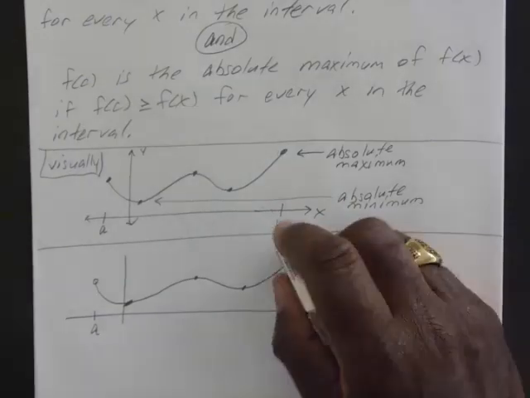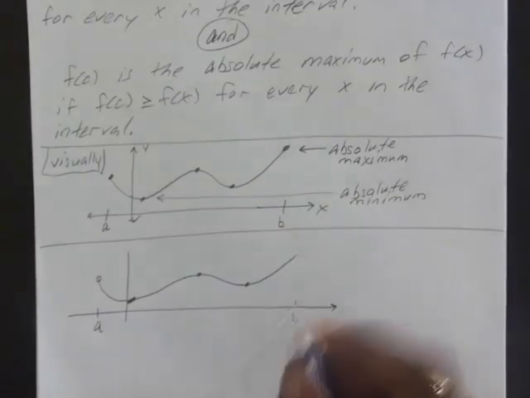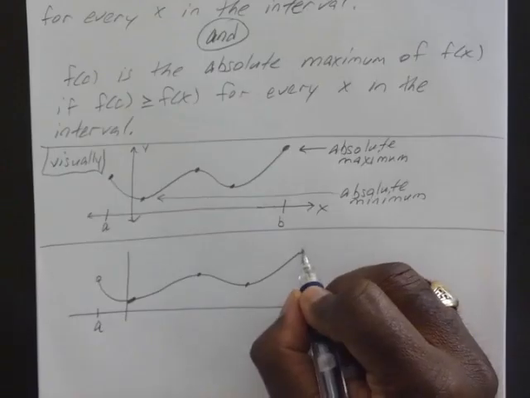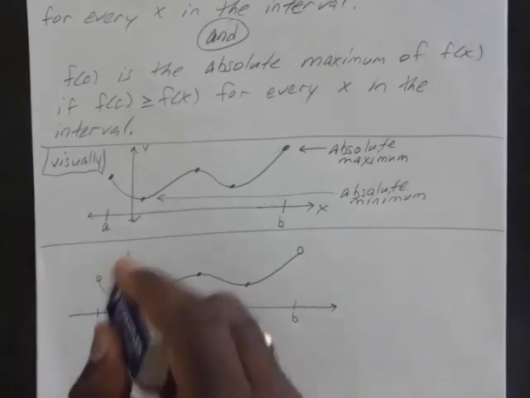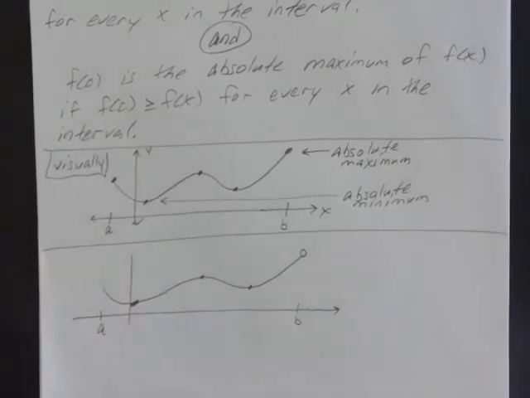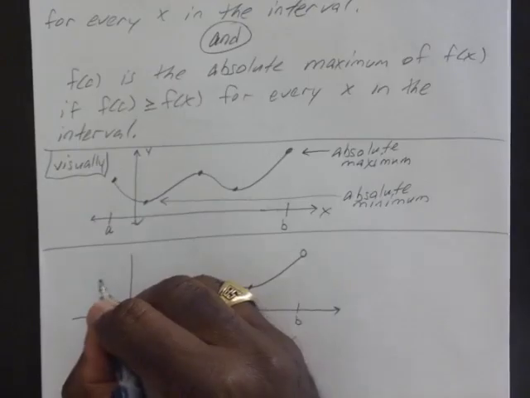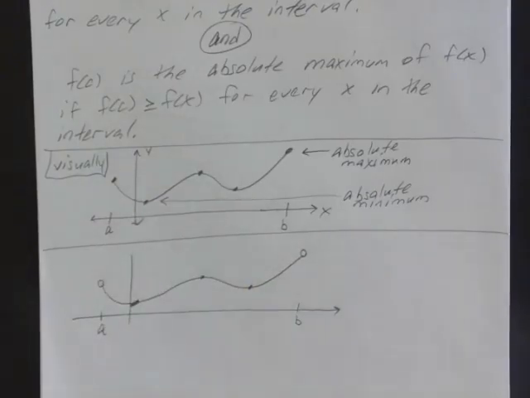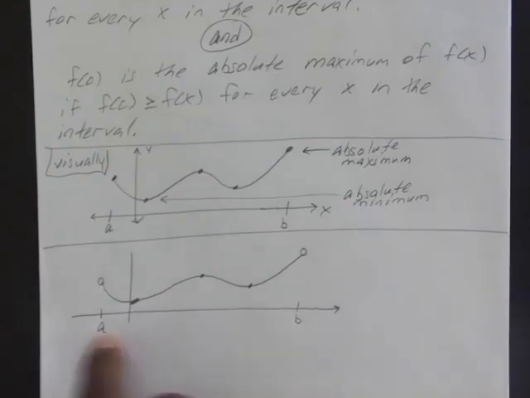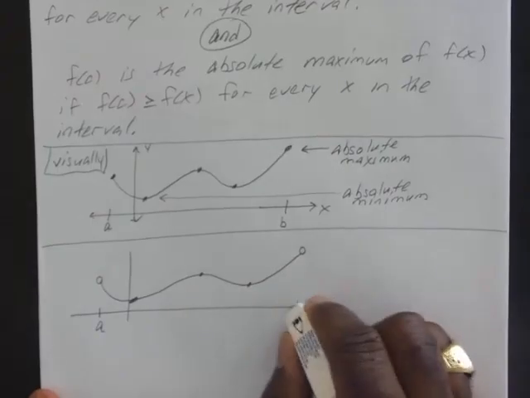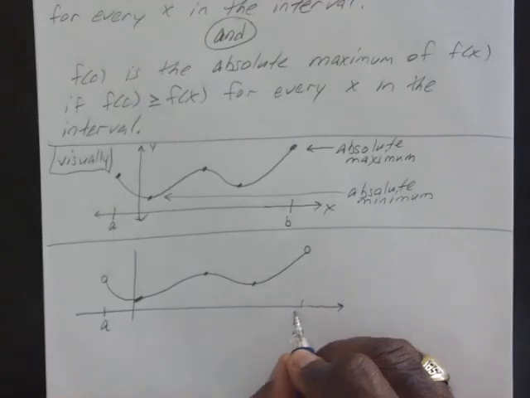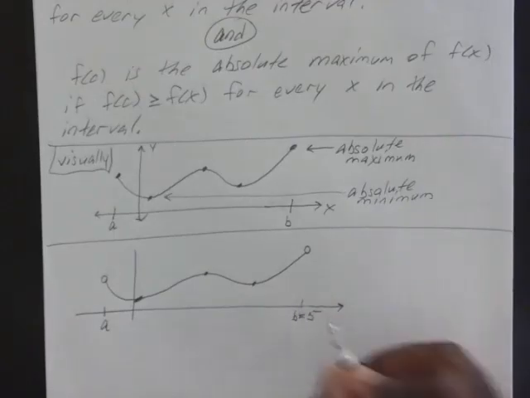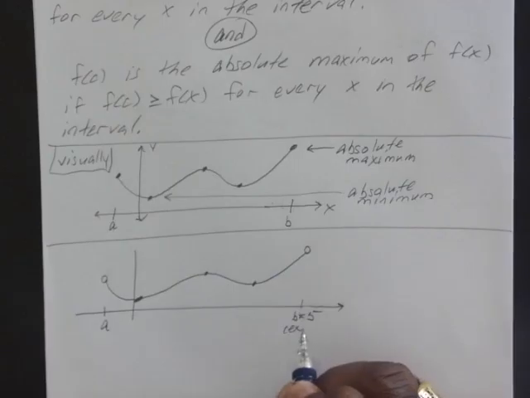Let me make that open circle a little bit bigger so it's clearly viewed as an open circle. Let's say this interval was from -1 to 5. Temporarily, b is equal to 5.